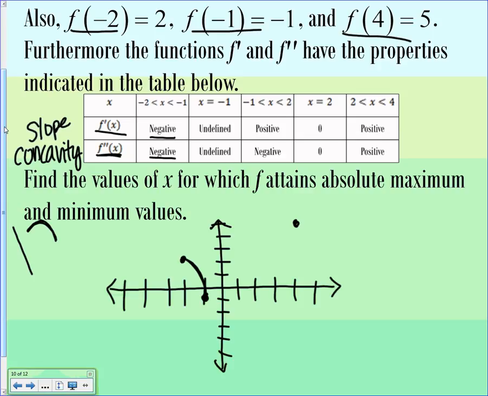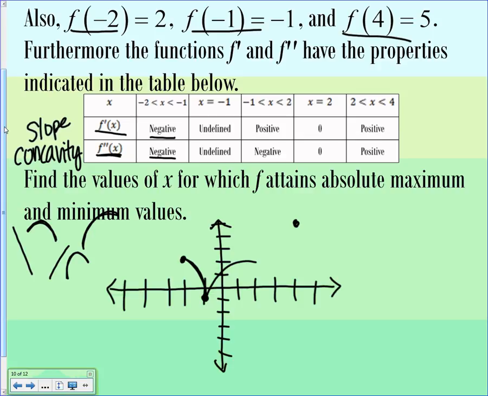Looking at the part from -1 to 2, we have a positive slope, so that means it's going up, but its concavity is still negative, so it's going to look kind of like this. And that's from this point at -1 to 2. So I don't really know how far it goes up. I may have to erase that and redraw it, but it kind of looks something like that.